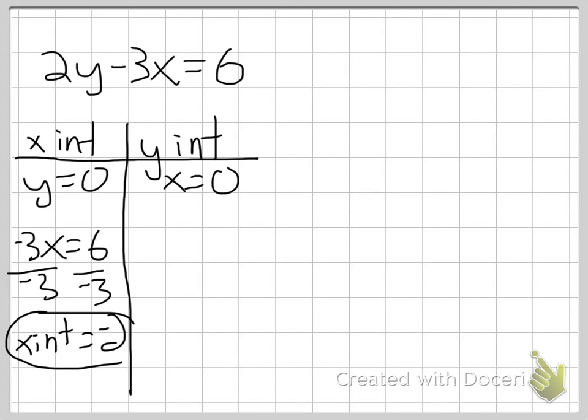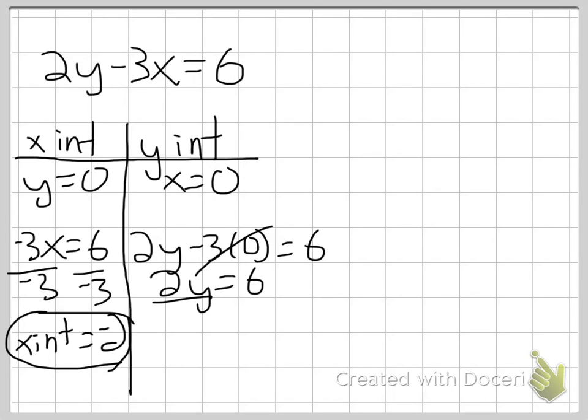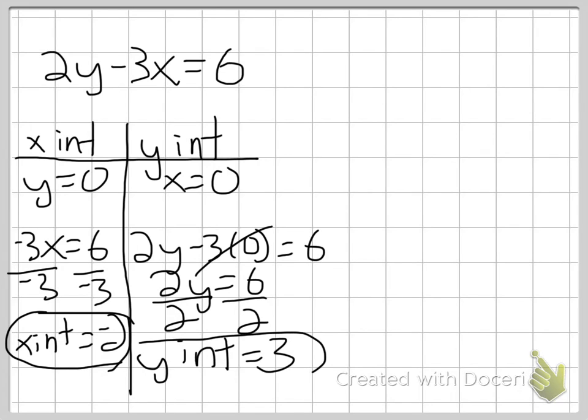Right? And let's do a little bit of work here. So x is 0, so 2y minus 3 times 0 equals 6. This goes away. 2y equals 6. So my y-intercept in this case is 3. Okay? Now we've got to actually do the graphing. Let's graph this guy out.